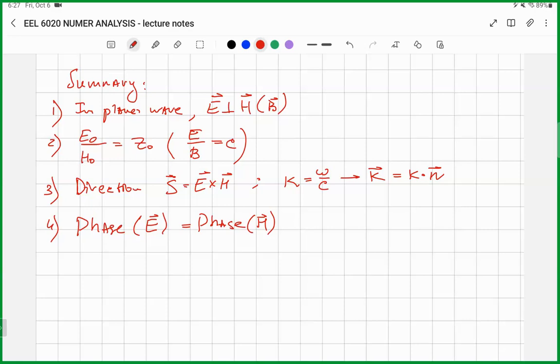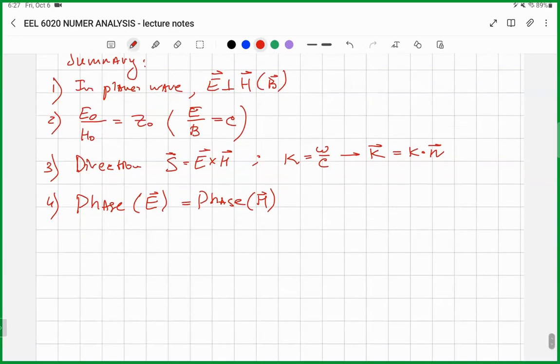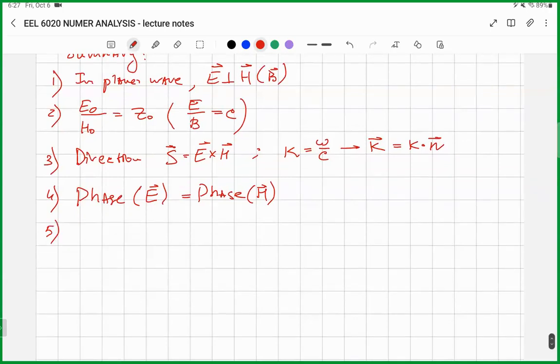Okay, and maybe the last statement about intensity. Intensity is something that we, of course, use much more frequently than the Poynting vector. It's a nice quantity for calculations, but in the lab we don't use the Poynting vector. We use the concept of intensity.